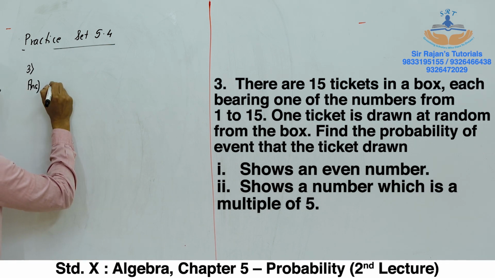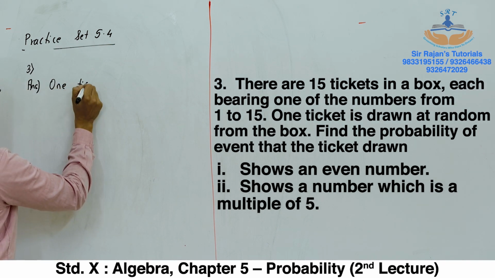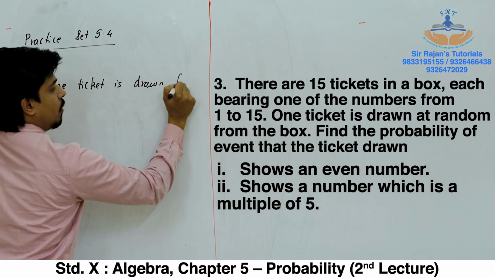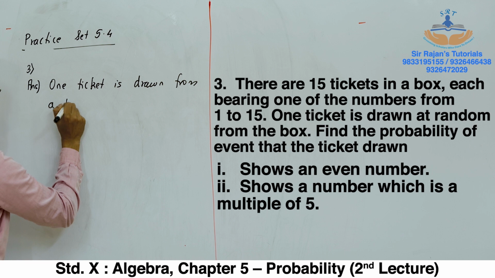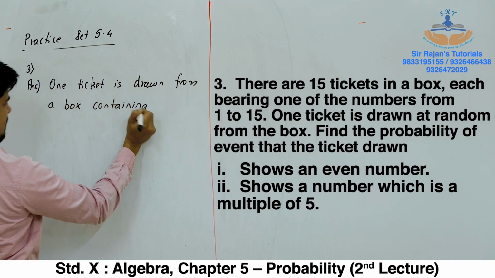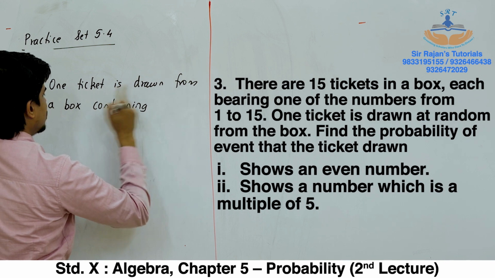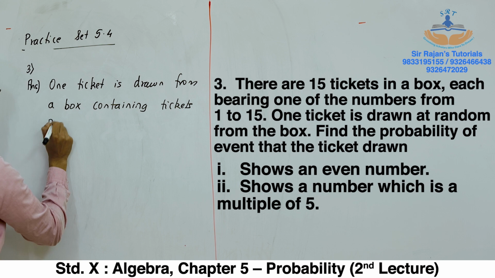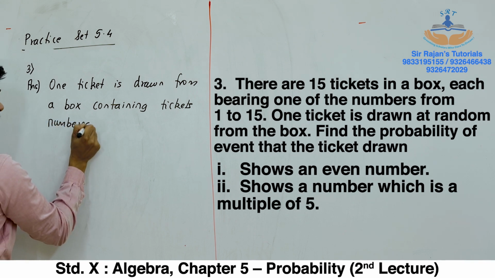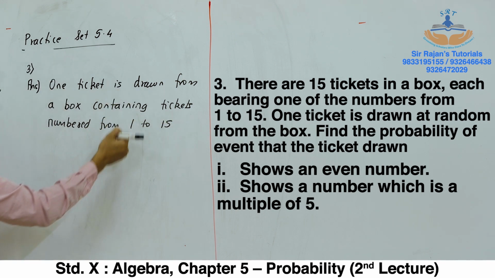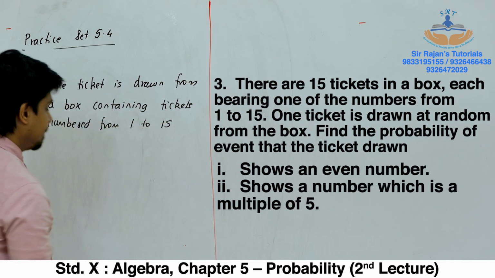So your random experiment, first you need to write: one ticket is drawn from a box containing tickets numbered from 1 to 15. ये आपका रैंडम एक्सपेरिमेंट हो गया.